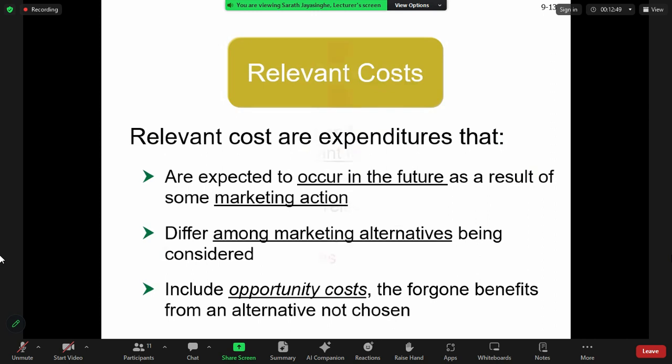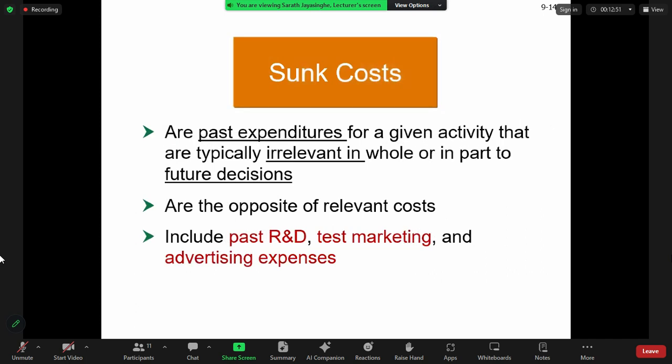And then there is another one called sunk cost. Sunk cost means the past expenditures for a given activity that are typically not relevant to a future decision, right? So relevant cost is something happening in future, but the sunk cost you have already incurred.